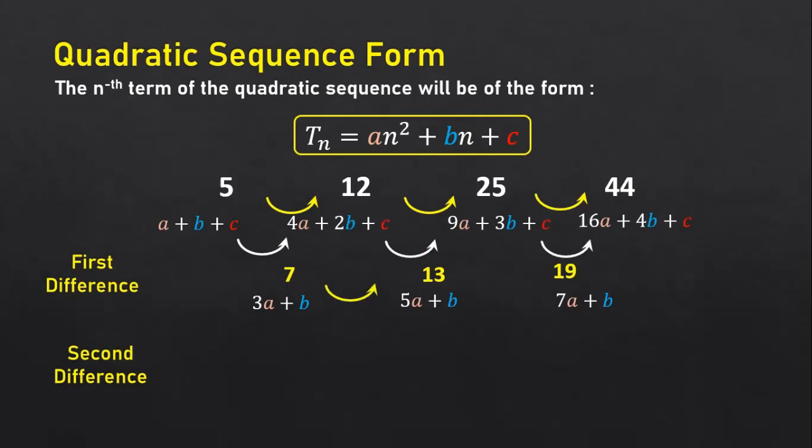The difference is 13 minus 7. We got 6. So what about the equation? 5a plus b minus 3a plus b. Right? We got the second difference of the equation is 2a.